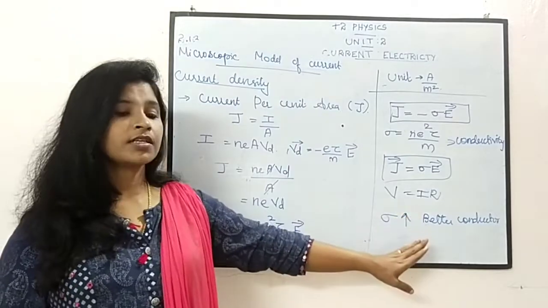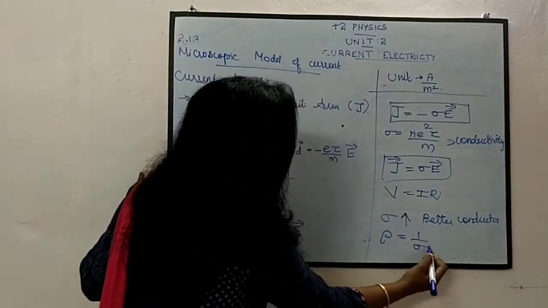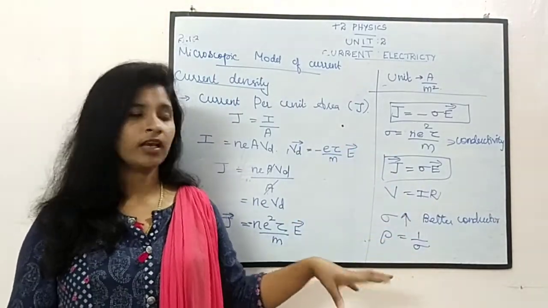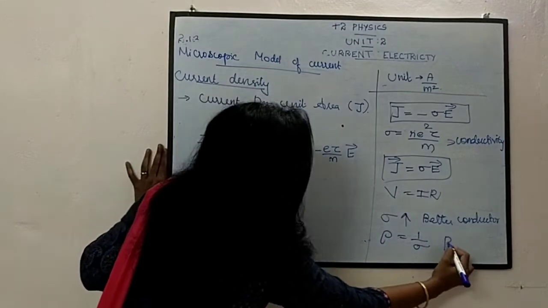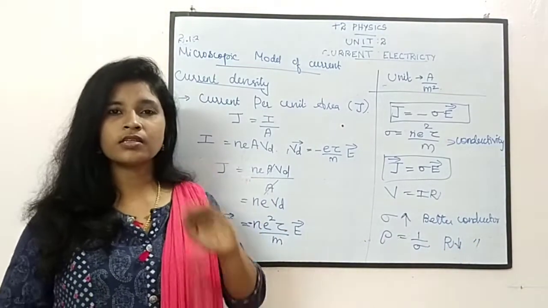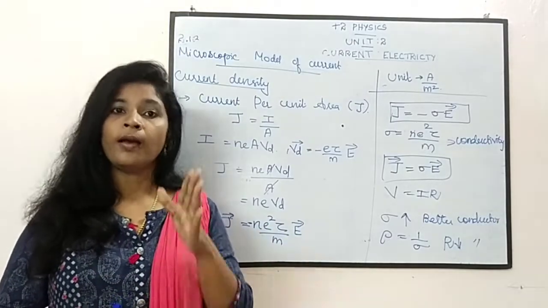Similarly, resistivity is rho is equal to 1 by sigma. The reciprocal of conductivity is called resistivity. So if in a material the resistivity is low, we can say it is a better conductor. Resistance is what obstructs, so if there is little obstruction, we can call it a better conductor.